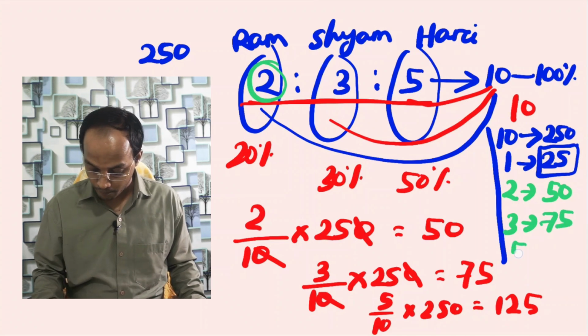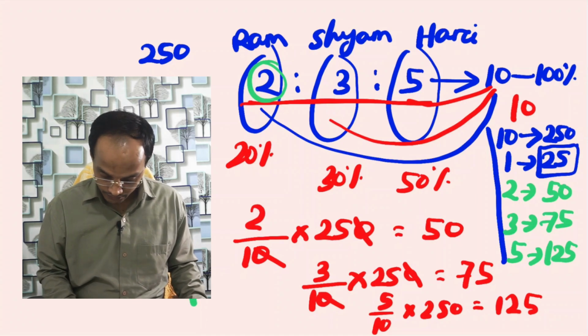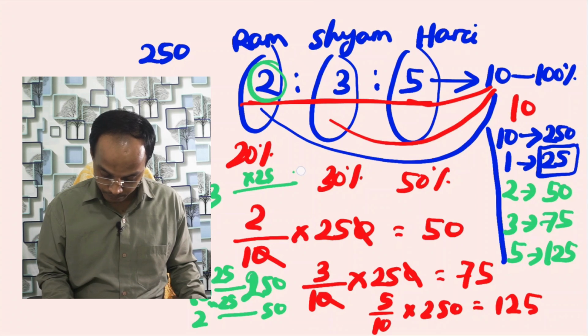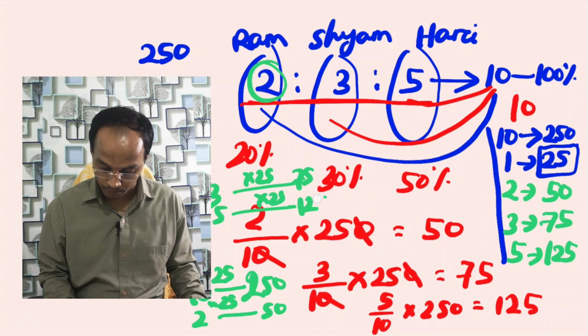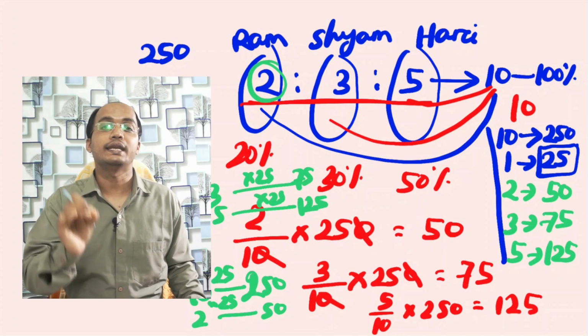How much is Hari? 5 will be 5 into 25, 125. Like this also you can solve. So in this method, you can solve within very less time.